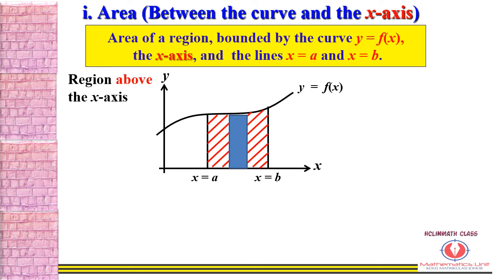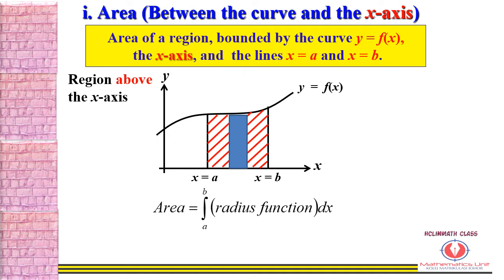Case 1, we are going to find the area between the curve and the x-axis. To find the area of a region bounded by the curve y equal to f(x), the x-axis and the lines from x equal to a and x equal to b, we may use the formula: the definite integral of the radius function with respect to x from x equal to a to x equal to b.